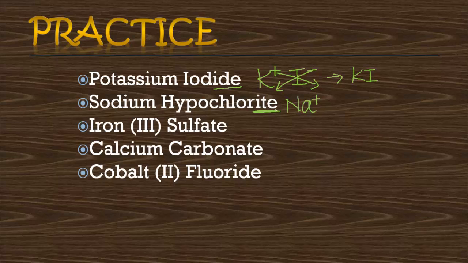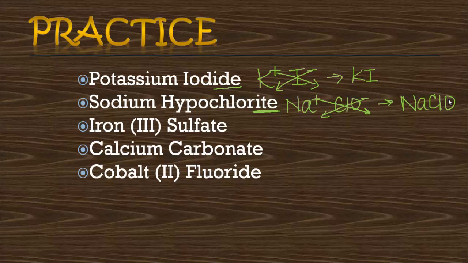So we're going to look up hypochlorite, and it is ClO minus. And we're going to crisscross our charges. Now, do I need to put ClO in parentheses? Not in this case, because I only have one of them. So I can just say NaClO.